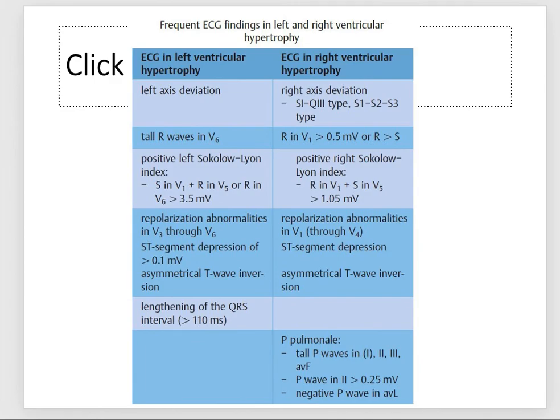I know last week when you thought about axis deviation, you were wondering what this means, to be in the normal quadrant versus right or left axis deviation. Well, now that you're learning about hypertrophy and enlargement, this is what would shift that conduction into a different direction.